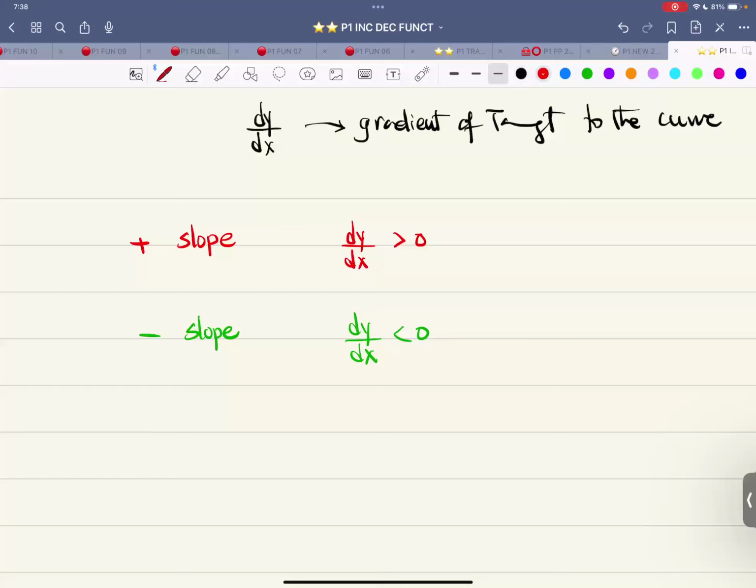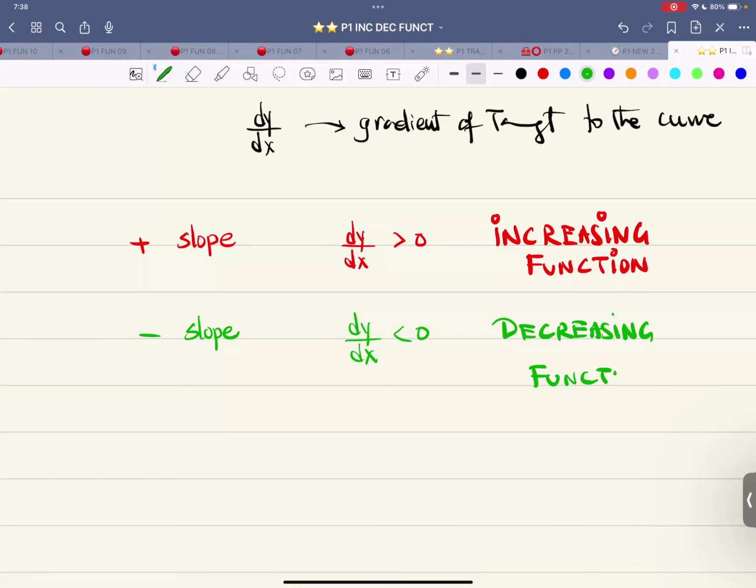When it has a positive slope, we say it's an increasing function of x. X increases, y increases. X decreases, y decreases. It's an increasing function. And when it has a negative slope, we say it's a decreasing function.